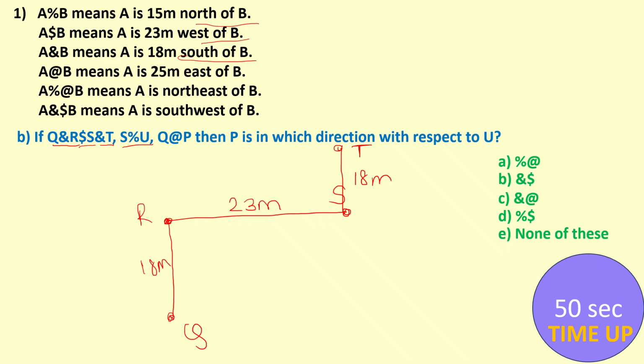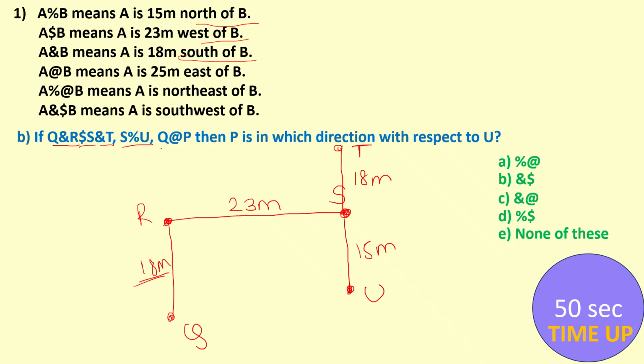So if from R to Q this whole is 18 meter, then from S to U it should be slightly lesser than Q because it is only 15 meter. So U is here, 15 meter.